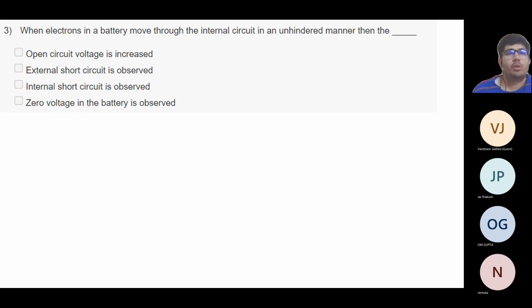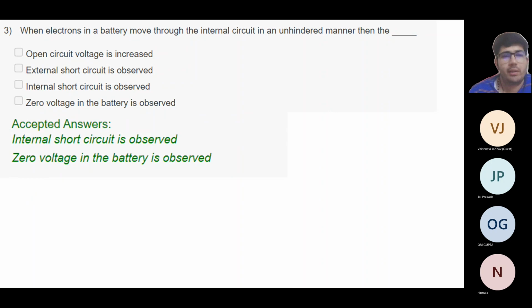Third and fourth, internal short circuit is observed, zero voltage in the battery is observed. Okay, let's see.